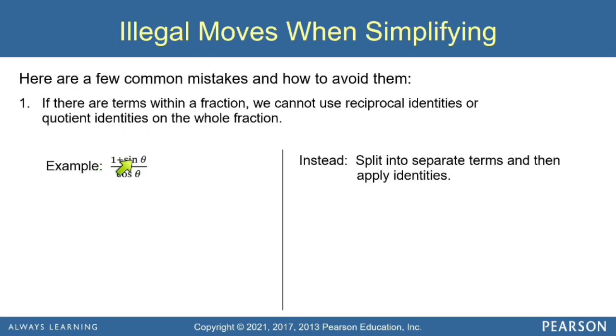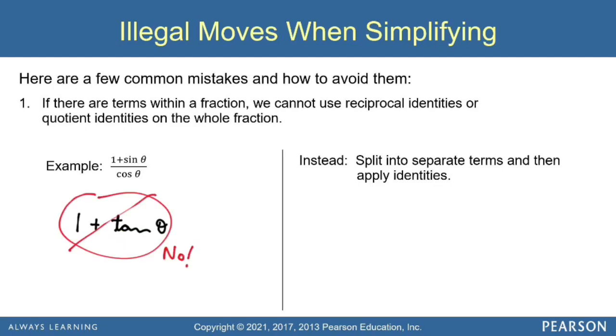Now what a lot of students want to do here is they want to say, oh, I see that sine theta over cosine theta makes tangent theta. And so they just leave the 1 out front and say sine of theta over cosine theta is tangent. But that is not allowed. We cannot do that because sine of theta is not a factor of the top. It is a term in the top.